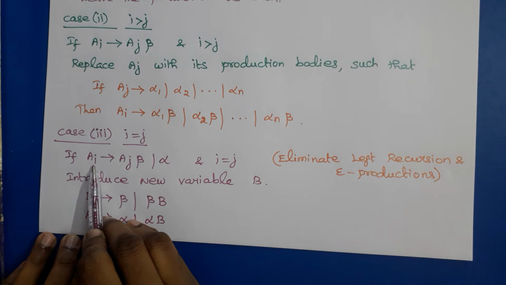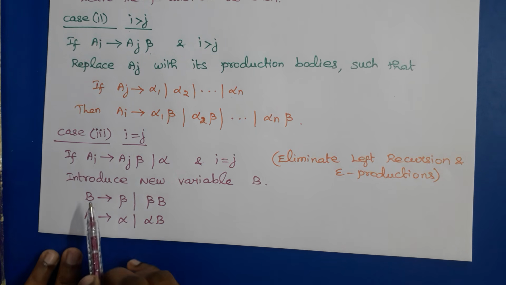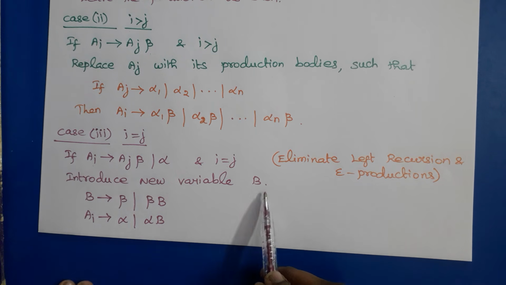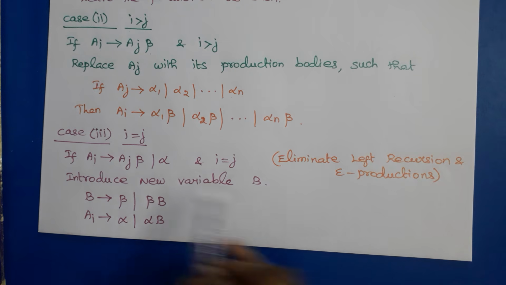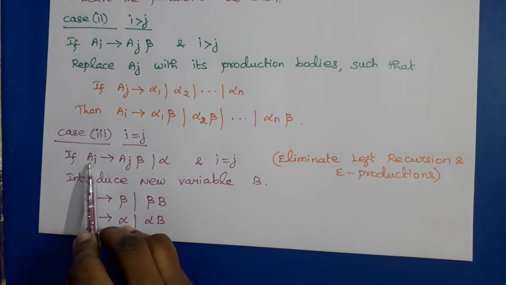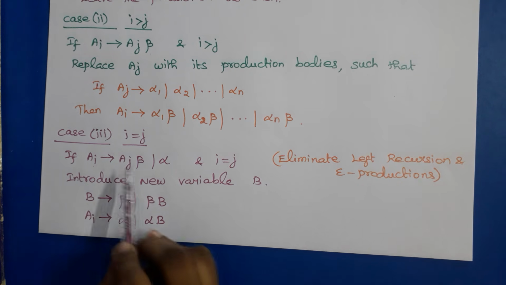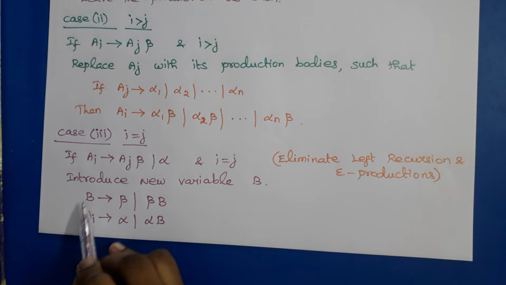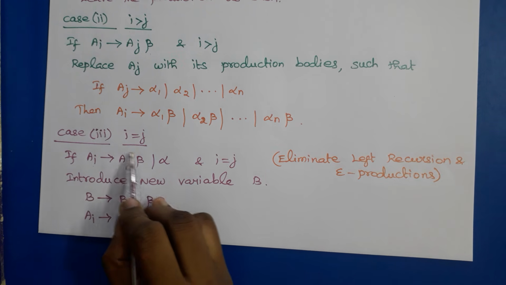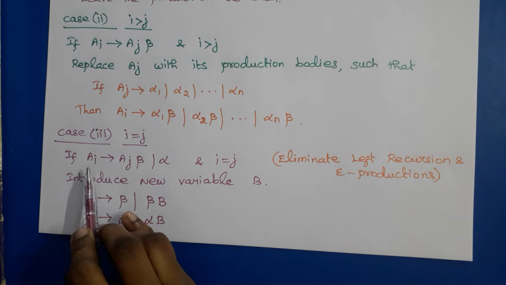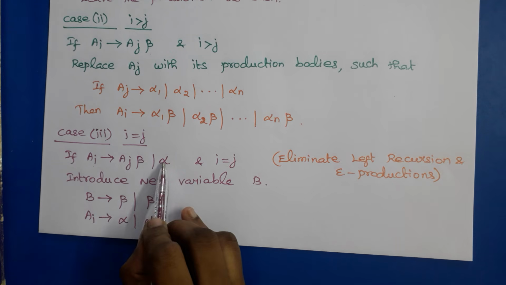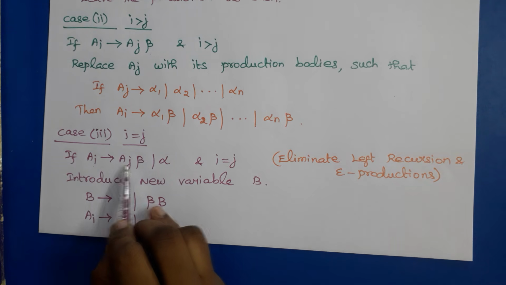So in the i equal to j case, we need to introduce a new variable B. Suppose Ai and Aj with i equal to j, we need to write a new variable B, considering the left recursive production, because here Ai has two productions, here i is equal to j.